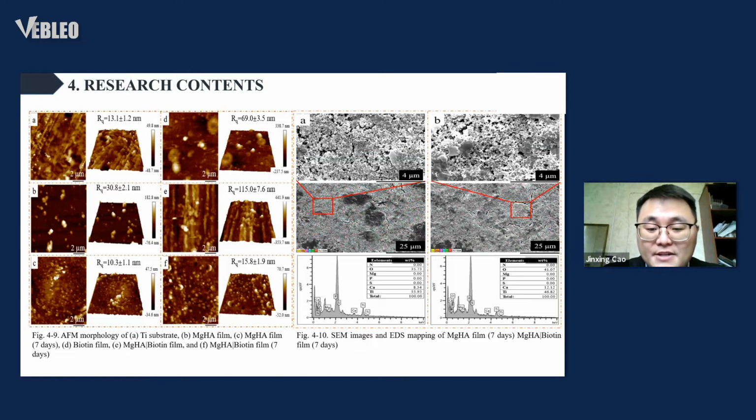On the one hand, this indicated that magnesium and the biotin were rapidly degraded, and on the other hand, it indicated that the biotin film had no negative effect on the release of magnesium in the magnesium film. Therefore, it can be considered to design a 4-layer composite film composed of magnesium film and biotin film, with biotin as the outermost layer.